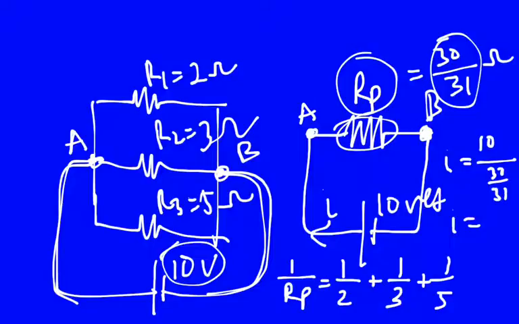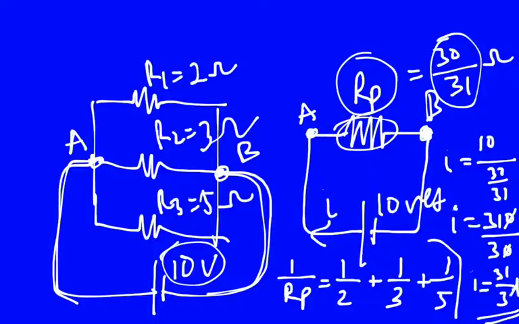So the total current will be 310 over 30, or if you want to simplify, you get 31 over 3 amps. Okay, so this is the total current. Well, maybe you see this is a very long calculation, but if you get more practice, you will see this is actually not that difficult.